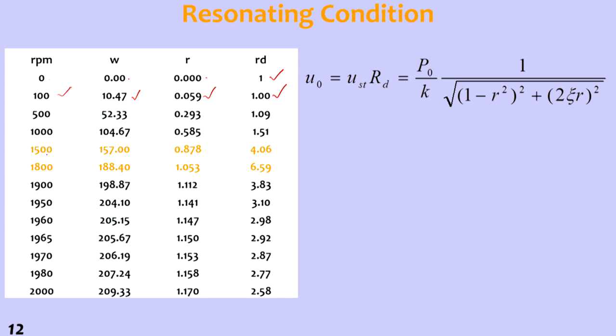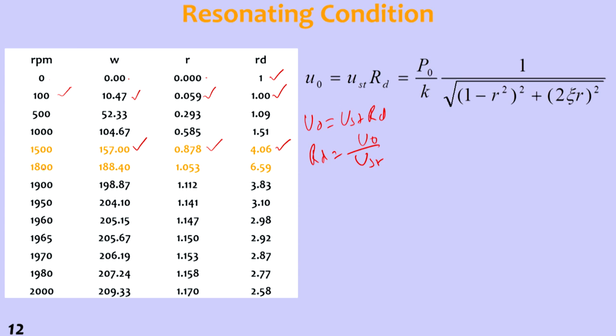When it increases up to 1500, omega is 157, r is 0.878, and Rd is about 4. As you can see, this is 4 times more than the static deflection. U0 is equal to U st into Rd, so Rd is equal to U0 by U st. That means it is 4 times more than the static deflection.